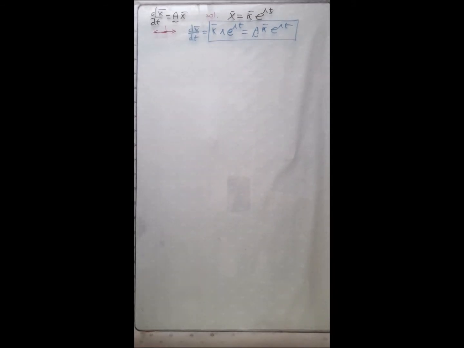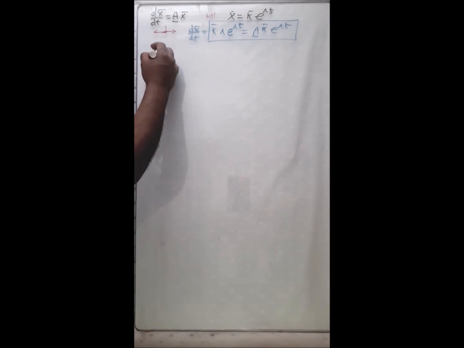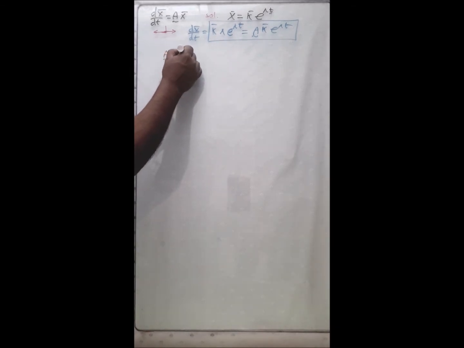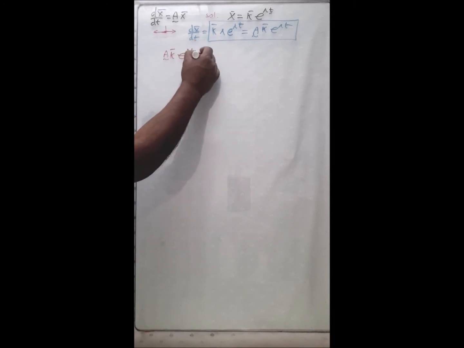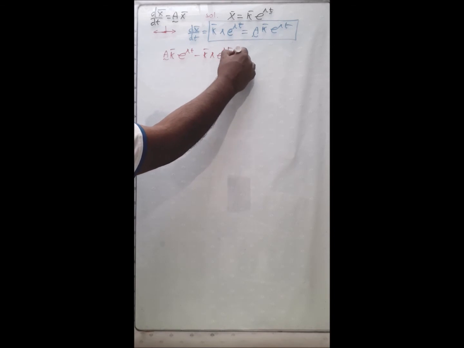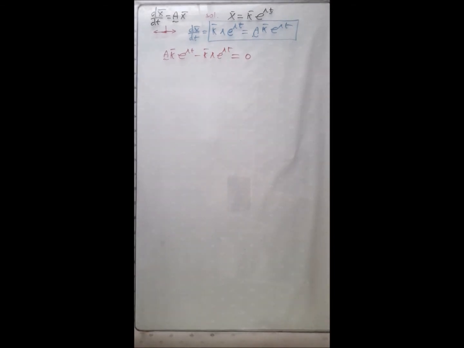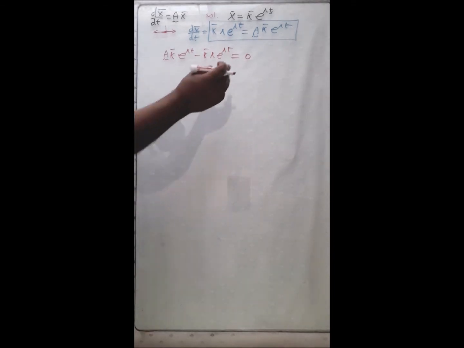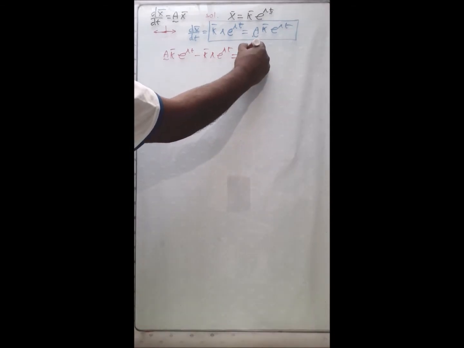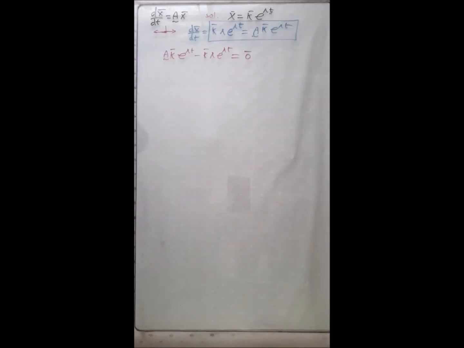Okay, so what we are going to do is pass this to the other side. So it's going to be A matrix k vector exponential of lambda t, and then minus k vector lambda exponential of lambda t equal to 0. But be careful here, it's not 0 scalar, it is 0 vector, because we are in matrix differential equations.